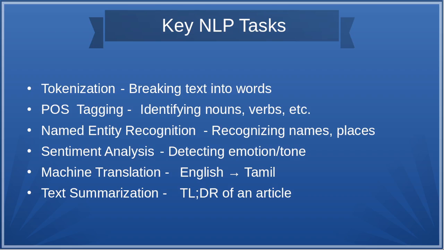It's called named entity recognition. POS tagging is part of speech, like identifying nouns, verbs, adjectives, based on dictionary information, whereas NER is based on the common understanding of whether it is a name or a location, like that.